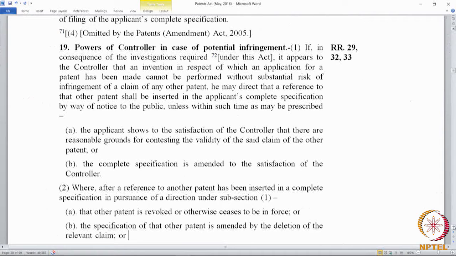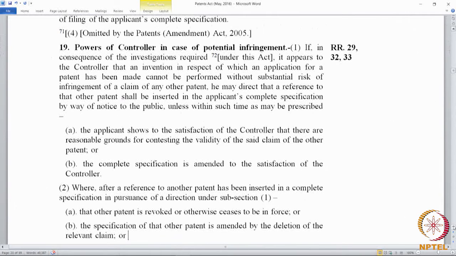Now, similarly, the controller has certain powers when it comes to potential infringement. This is probably the only place in the Act where the word infringement is mentioned from the viewpoint of the Patent Office, because determining infringement is not the function of the Patent Office.